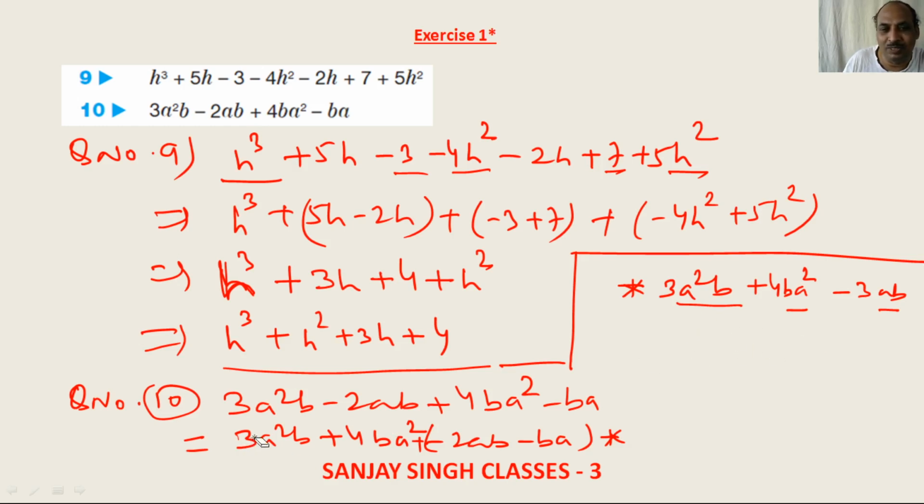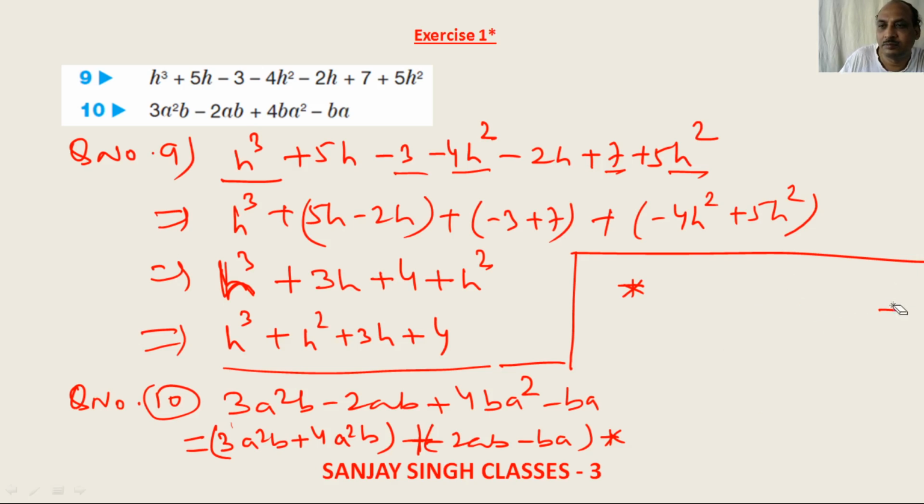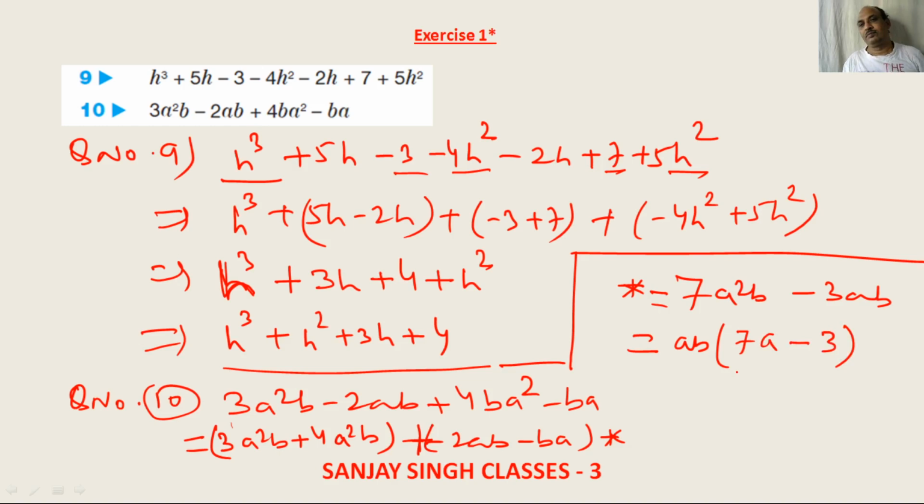So 3a square b plus 4ba square is 7a square b, minus 3ab. Now we can take ab common, so it will become ab into (7a minus 3). Right.